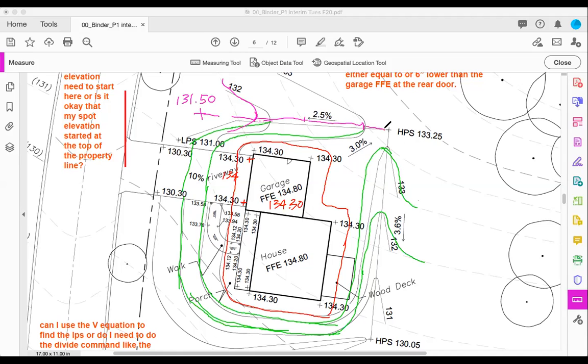And the other thing is it's really, really hard for water to turn 90 degrees, okay? So that means that this needs to be like that.